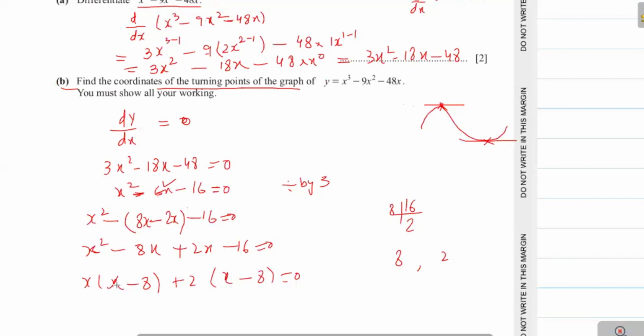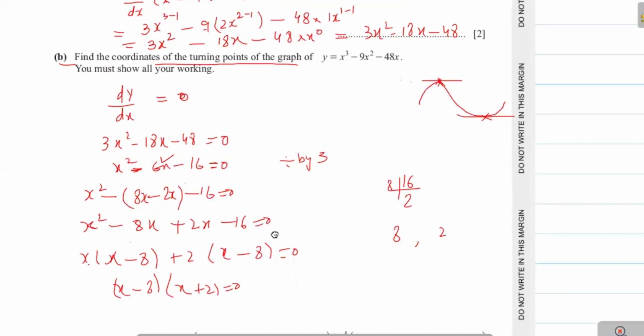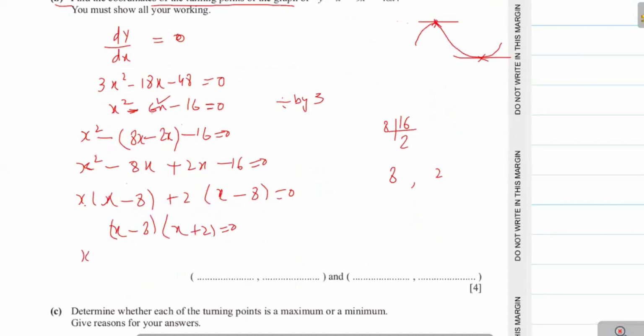Look here, x minus 8 is common in both terms. We take x minus 8 as a common factor, and the remaining value will be x plus 2 equal to 0. So x minus 8 equal to 0 or x plus 2 equal to 0. Therefore, x equals 8 and x equals minus 2.